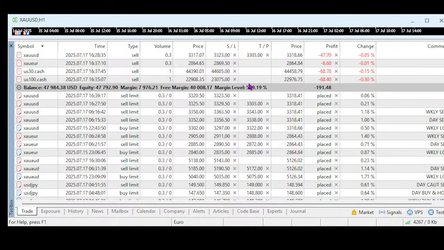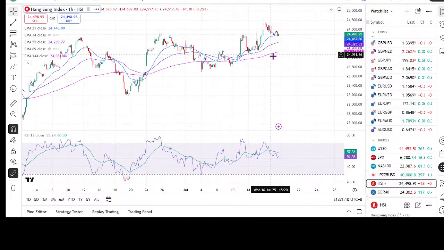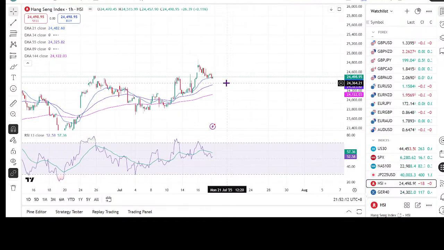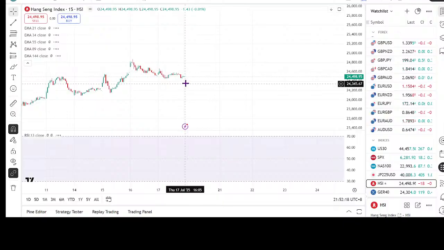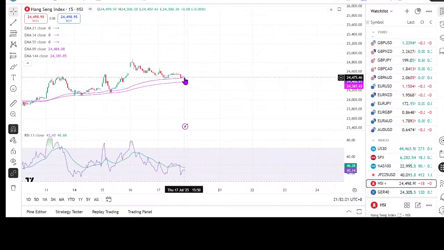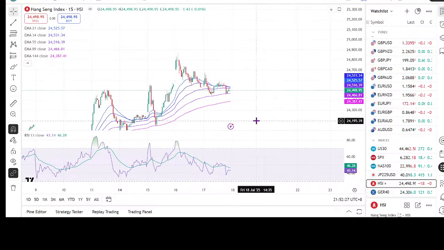The question is Hang Seng. Okay, let me see this Hang Seng. I'm not doing futures. This is Hang Seng right now, and I don't think this is updating. I don't have futures.